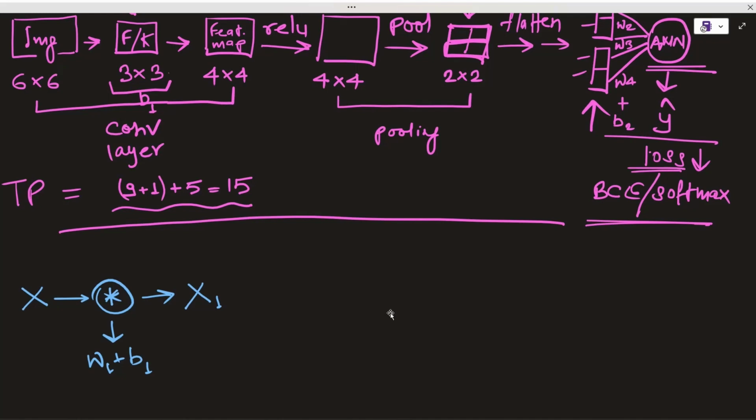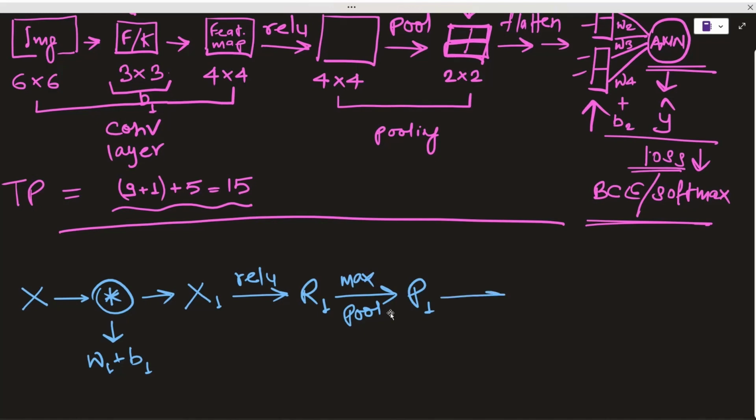What is the next step then? Obviously, you apply the ReLU operation on top of this. And let's say after applying this ReLU operation, you get R1. And then the next step would be applying max pooling on top of this. Although you can use any type of pooling, for the time being, let's consider we are using max pooling. And then let's say you get P1. The feature map is now being called P1.